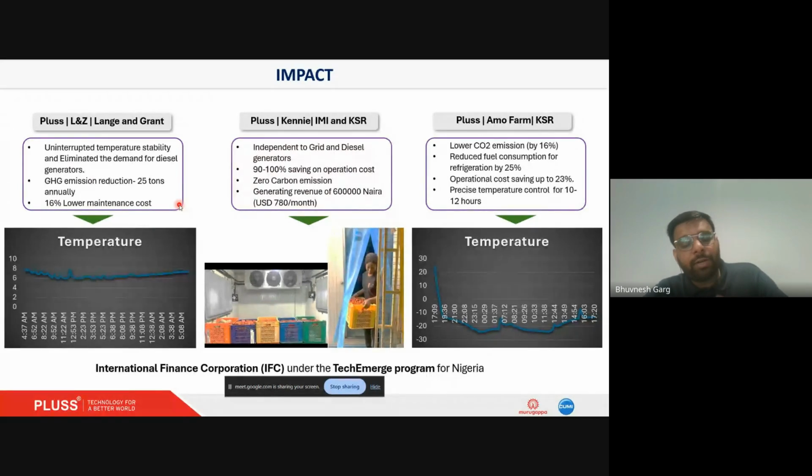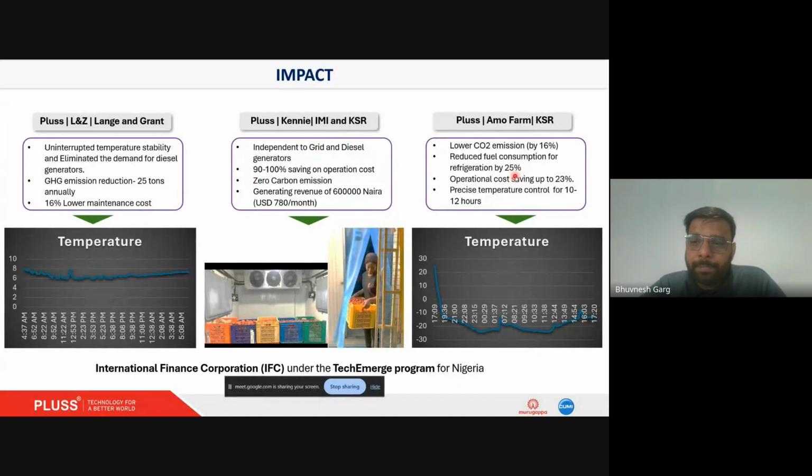Instead, you are storing the cold in your PCMs, and you are directly taking that stored cold energy for maintaining the temperature of your cold storages. Then the second project had 90 to 100% savings on the operation cost, and then revenue was very high with this.